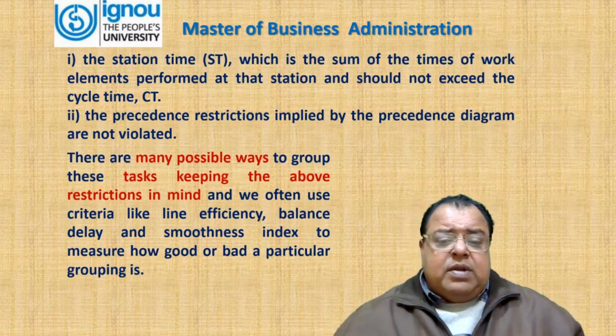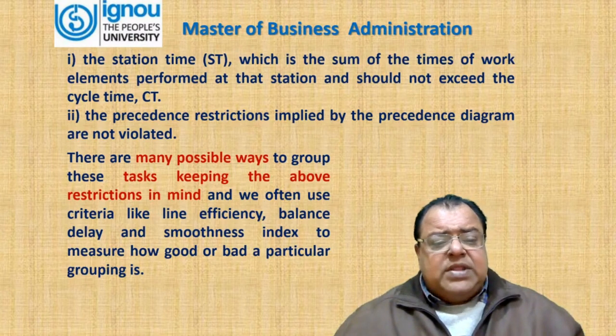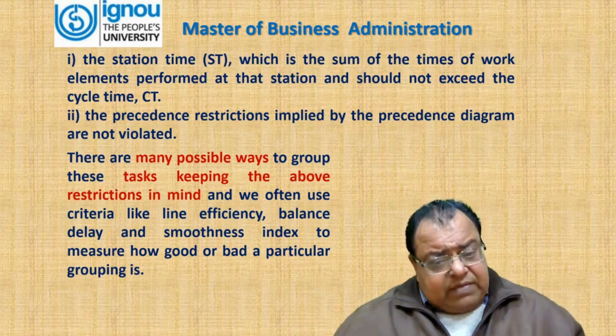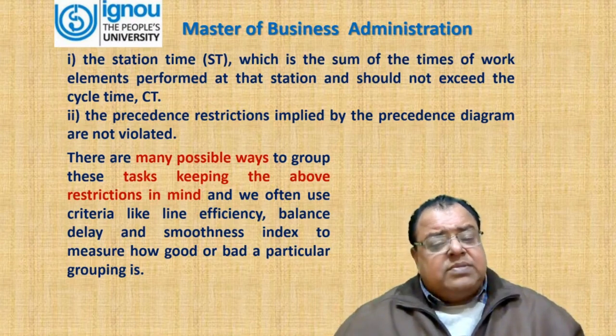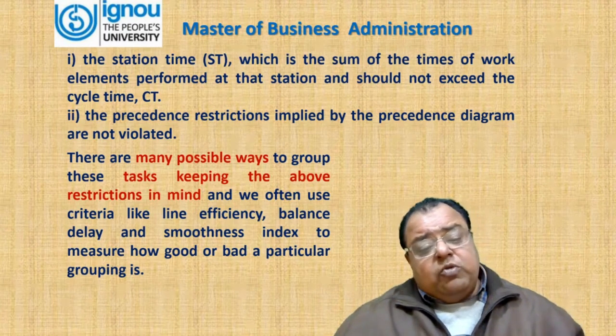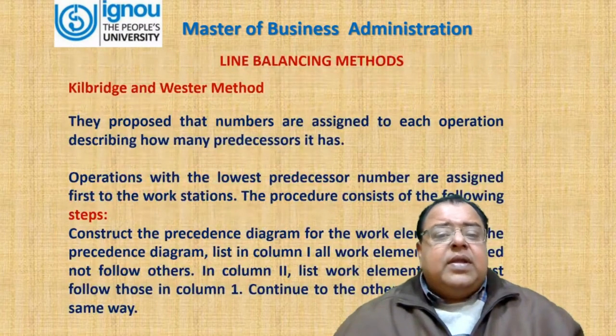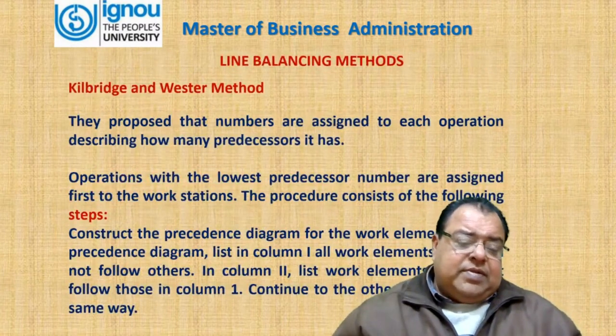There are many possible ways to group these tasks, keeping the above restrictions in mind, and we often use certain measures like line efficiency, balance delay, and smoothness index to measure how good or bad a particular grouping is. We'll see line balancing methods.